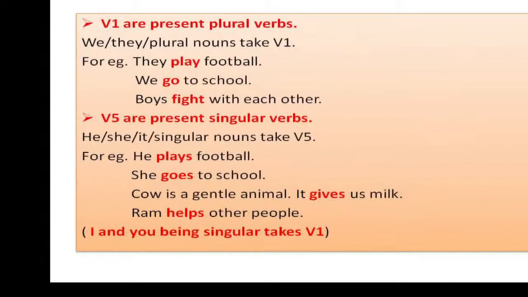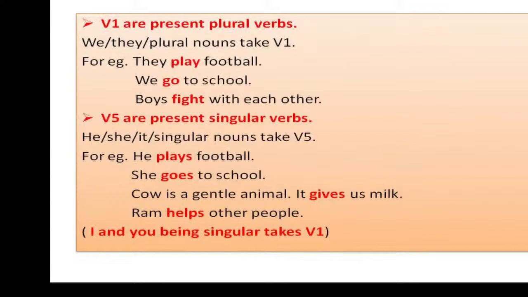Now, next is verb 5. Verb 5 are present singular verbs. Verb 1 and verb 5 both are present. Verb 1 takes plural, whereas verb 5 takes singular subjects. Like he, she, it.